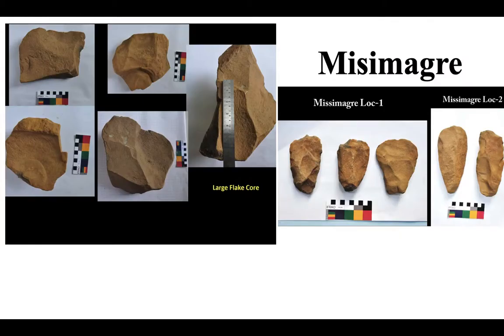What is important here is the site Mismagri. Mismagri is one of the major manufacturing hubs for the Neolithic people of West Garo Hill, and we find a large number of manufacturing debris. The site is spread over about 2 to 3 kilometers, and different manufacturing heaps have been found in different parts of the site.